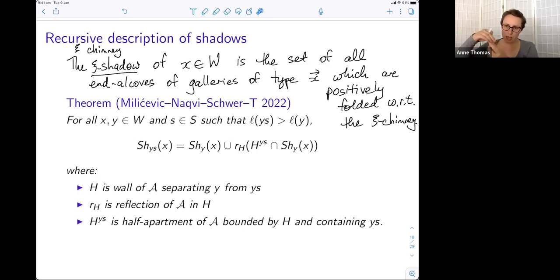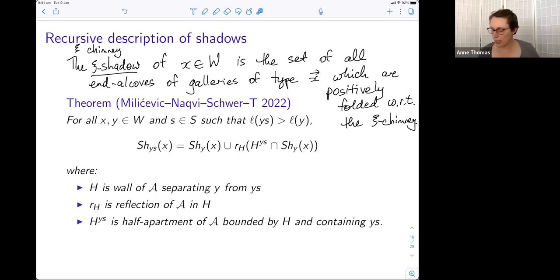We can think of that as being represented by some sequence of alcoves going out. And given any X, once you go far enough out, you can think of retracting from the chimney on the boundary as the same as retracting from some alcove which is far enough away. Okay, so it's going to have the same effect. So this shadow here is retracting from some alcove YS further out.